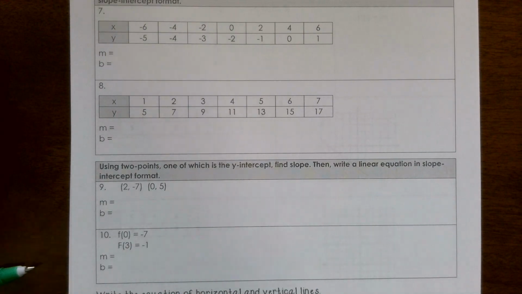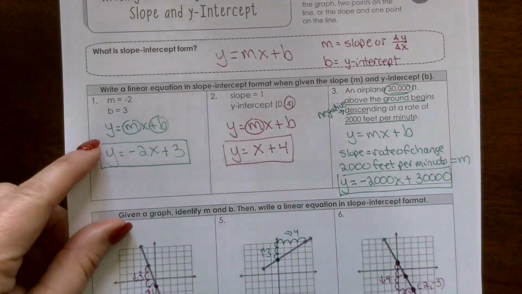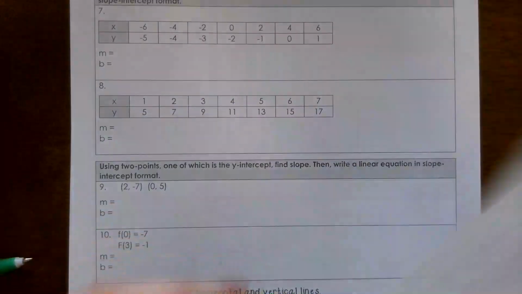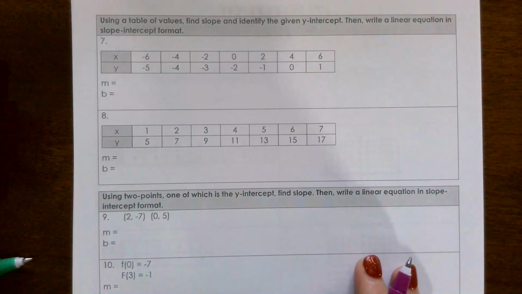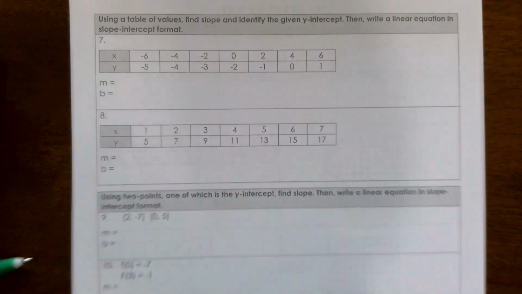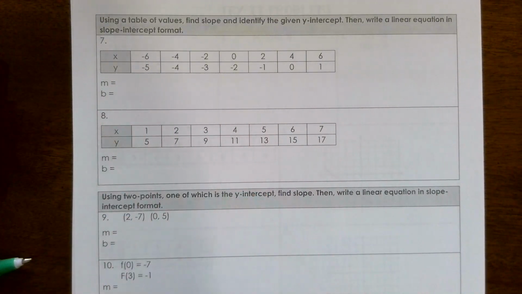We have written equations when we're given the information, written equations when we're given a graph. Now it's time to write an equation in slope-intercept form when I have a table of values. So again, the first thing I'm going to look for is b.